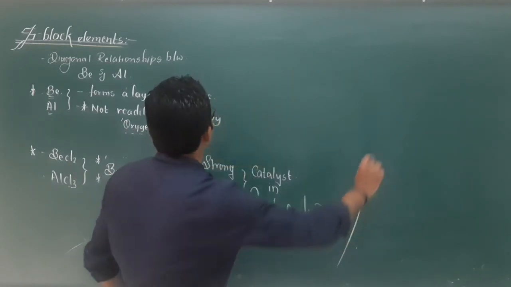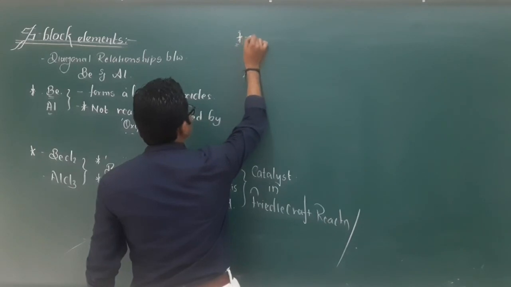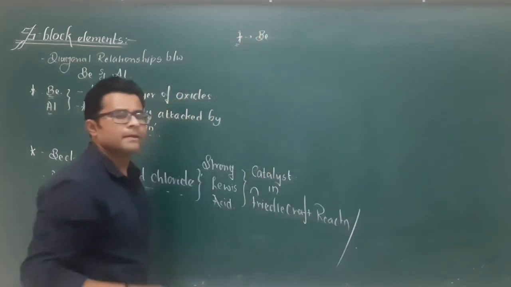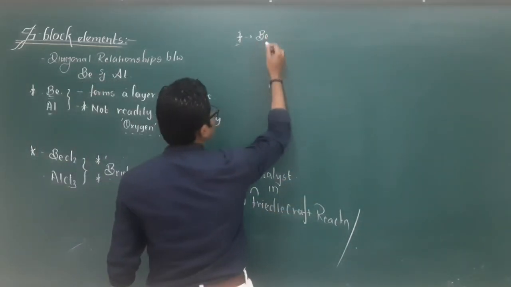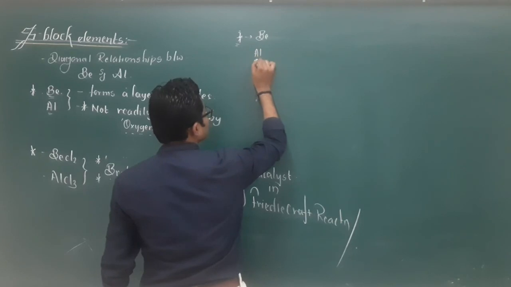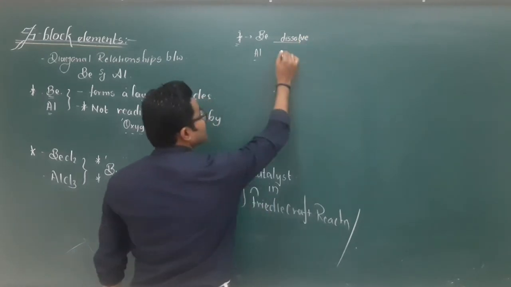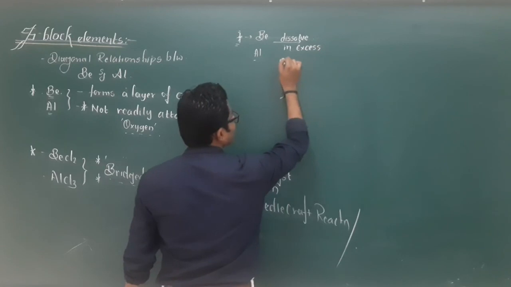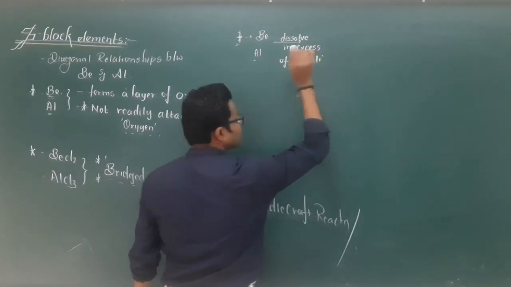Moving further, beryllium and aluminium dissolve in excess of base, or an alkali solution.